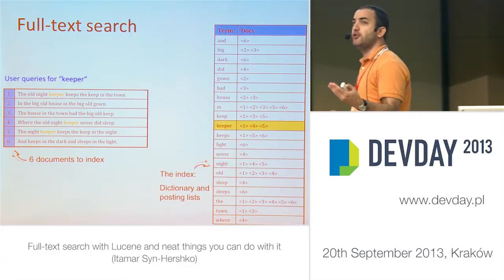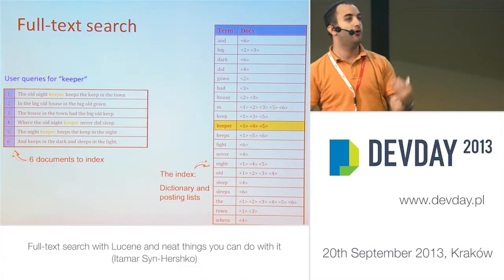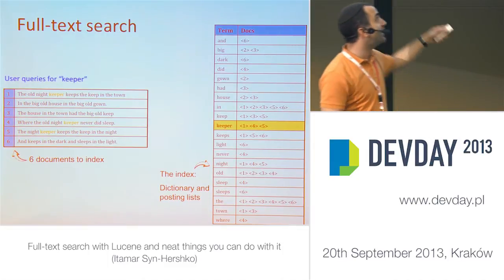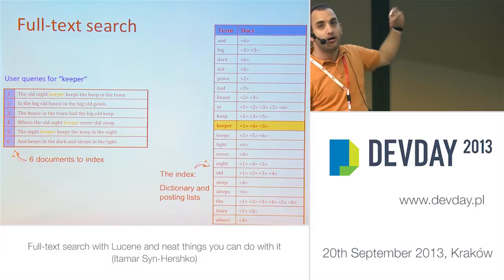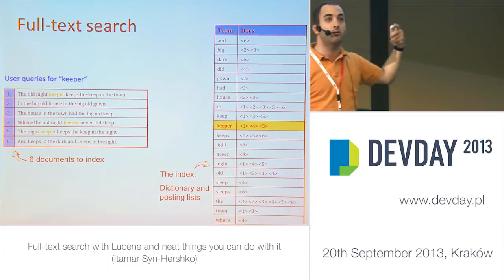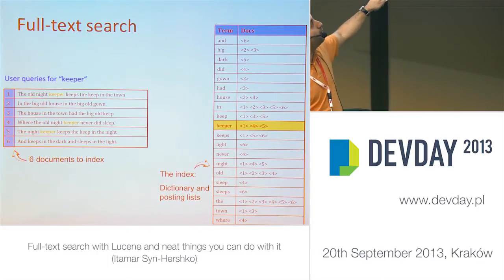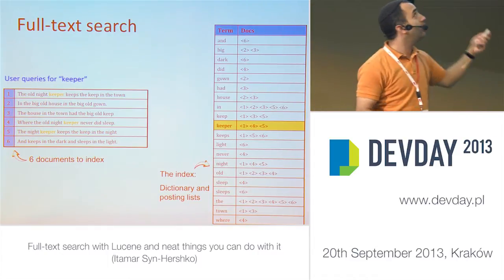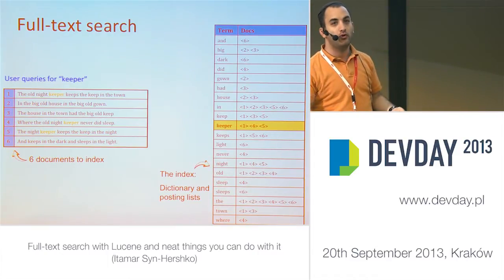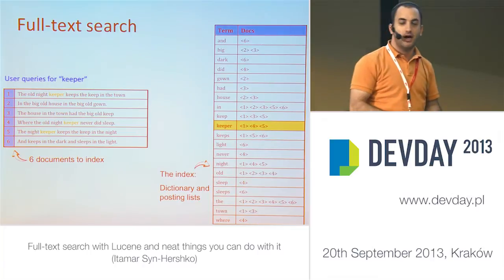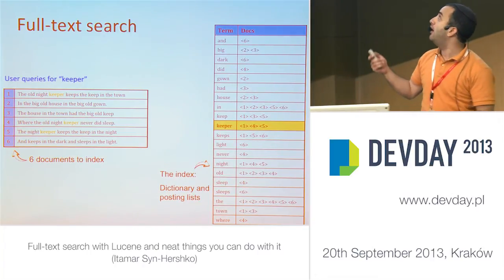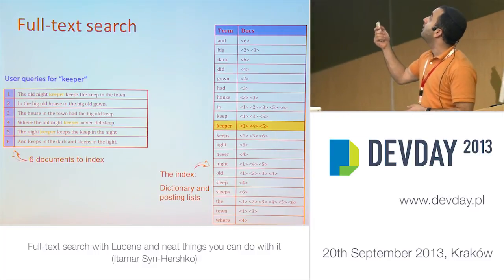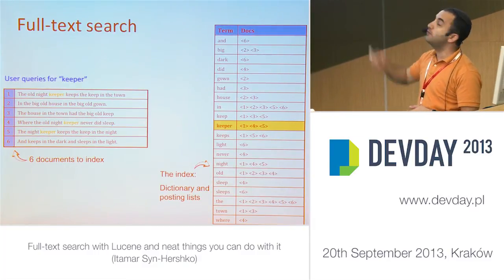So now whenever the user queries for a certain word, we can scan the table very quickly and find the word. For example, the user asks for all documents with the word keeper, so I'm going to find that word in that table and know that documents 1, 4, and 6 have that word in them. Now, one thing you should know: that word keeper here is between 2 other words which are quite similar.